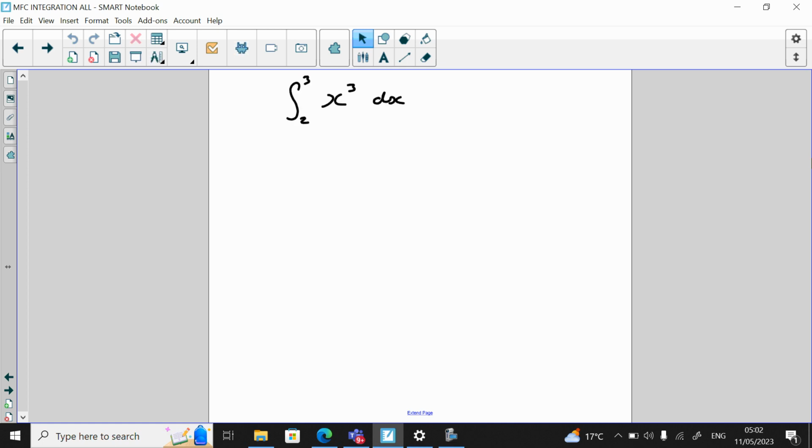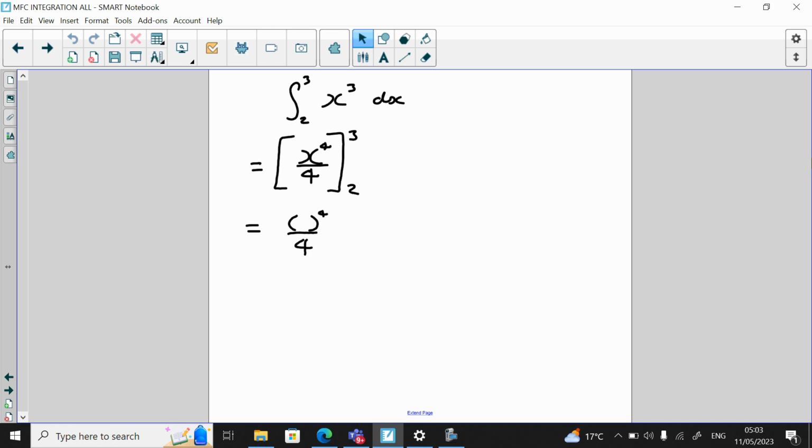So, just apply the rule: increase the power by 1, divide by the new power. We don't have a plus c here. I'm just going to box it up and move my limits to the right hand side. No obvious reason for that, it's just what we do. Take whatever's in the rectangular bracket and copy it.